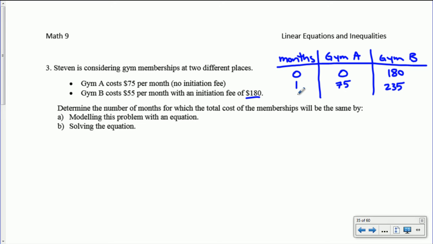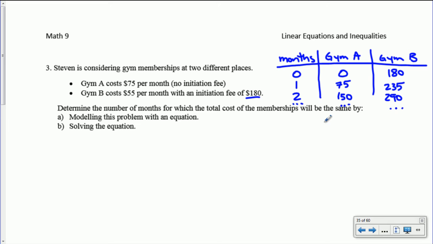Okay, 2 months, we pay an additional $75 for gym A. So that brings us to $150. For gym B, we pay an additional $55, so $235 plus $55 brings us to $290, and so on, right? So we could do 3 months, 4 months, and so on.